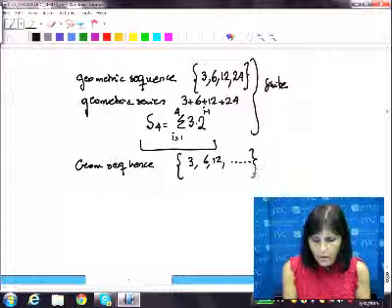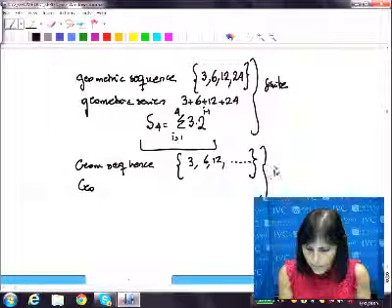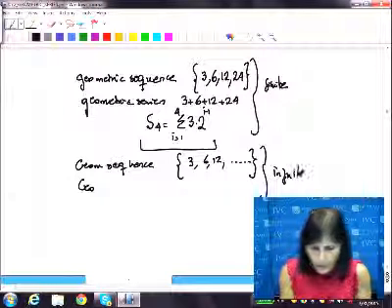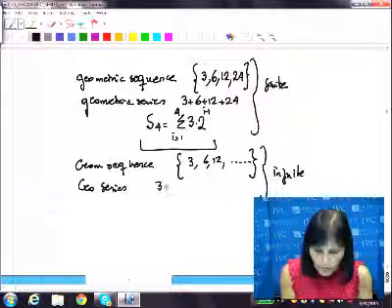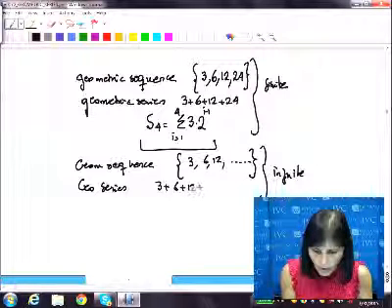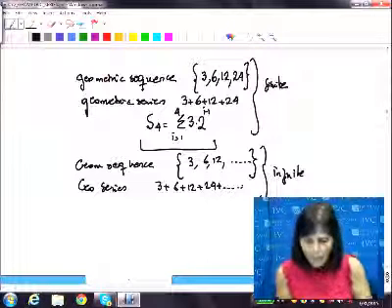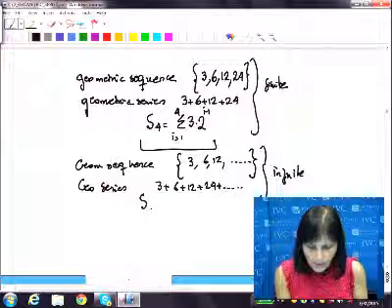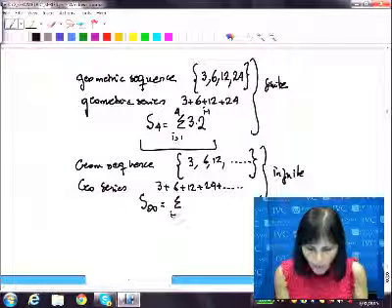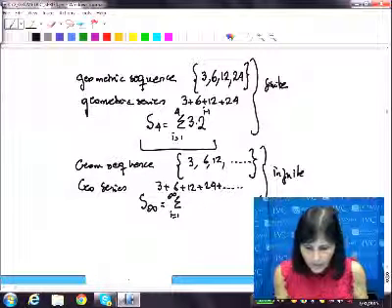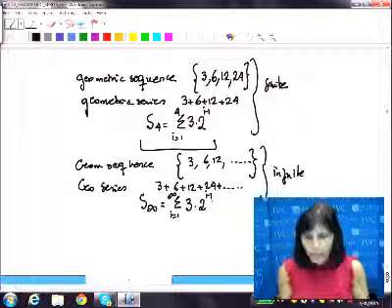And a geometric infinite series would look something like that: 3 plus 6 plus 12 plus 24, and they would go plus dot, dot, dot. And then how do they show that with the summation notation? S infinity, and it goes from i = 1 to infinity of 3 times 2 to the i minus 1.